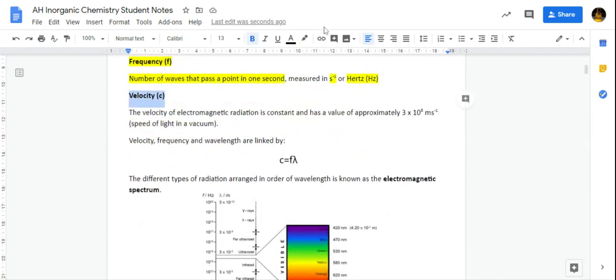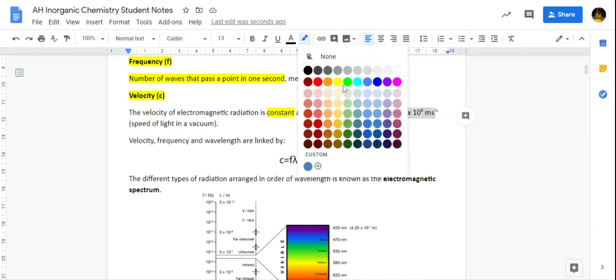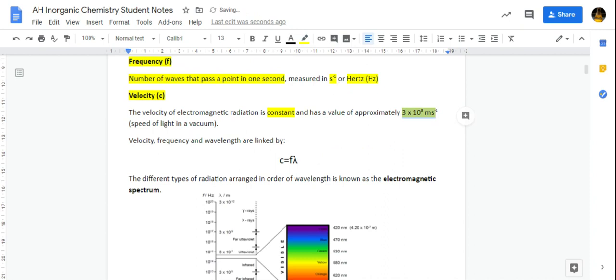The velocity is the other key term you need to know about waves, and the velocity of electromagnetic radiation is constant. It is in fact the speed of light, so it has a value of approximately 3 times 10 to the 8 meters per second. You can find the value of all the constants that you need for Advanced Higher Chemistry on page 22 of your data booklet.